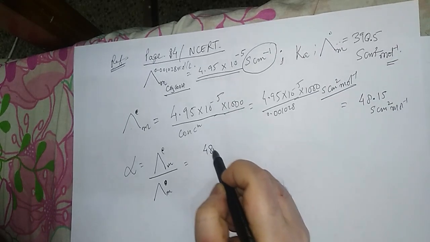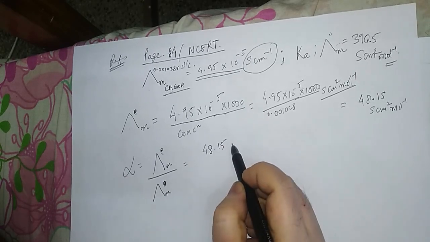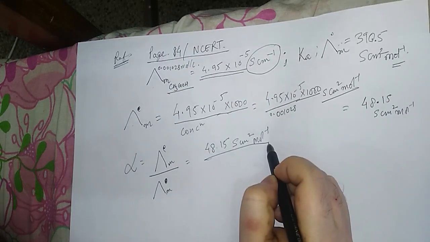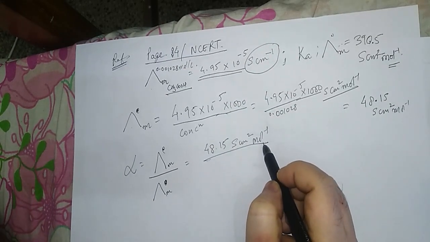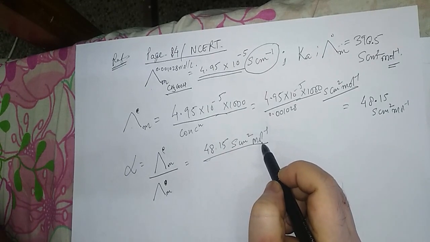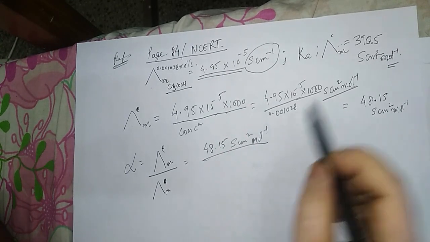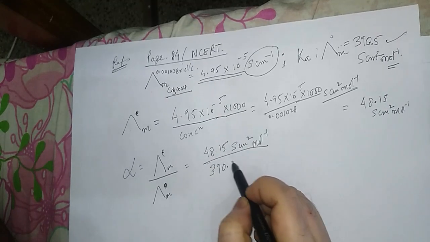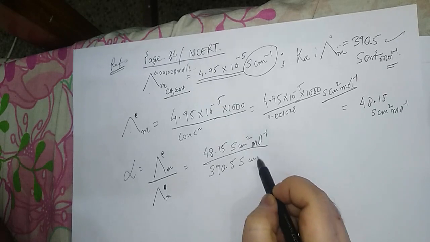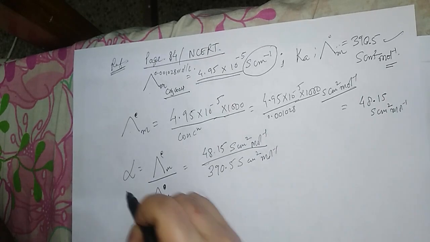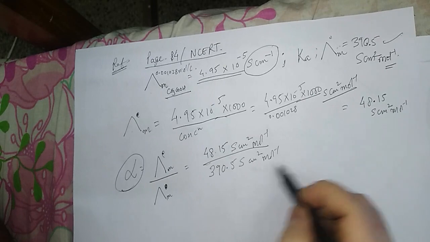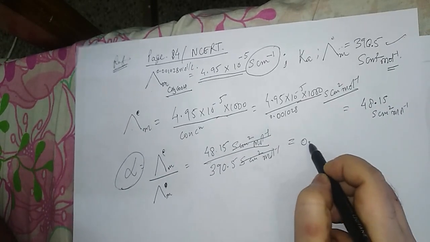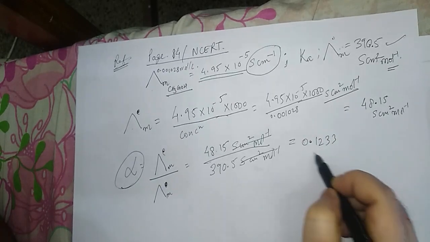So we'll put 48.15 Siemens centimeter square per mole divided by the given value, 390.5 Siemens centimeter square per mole. A fraction does not have a unit, so the same units will be nullified, and this value will be equal to 0.1233.